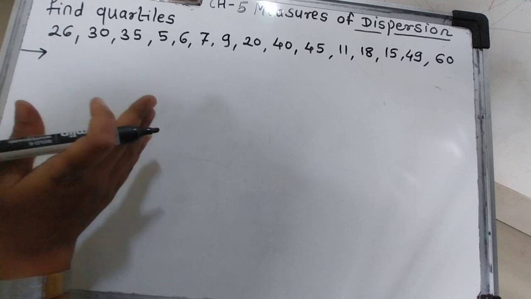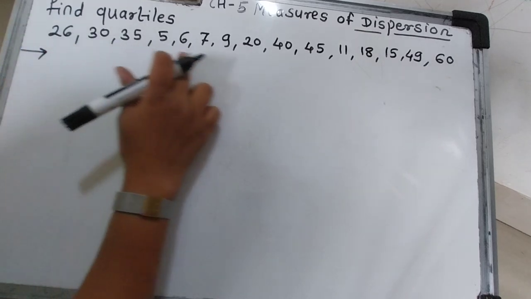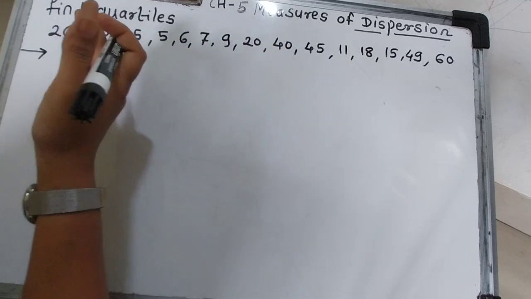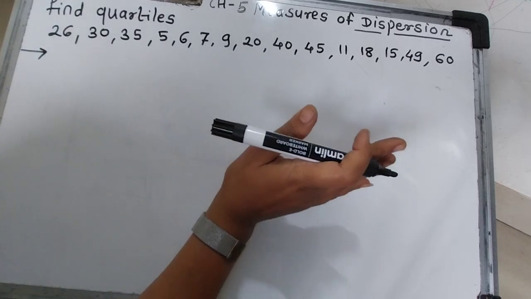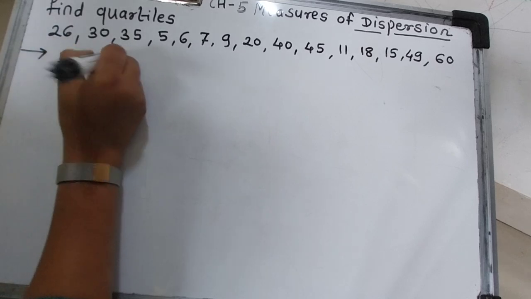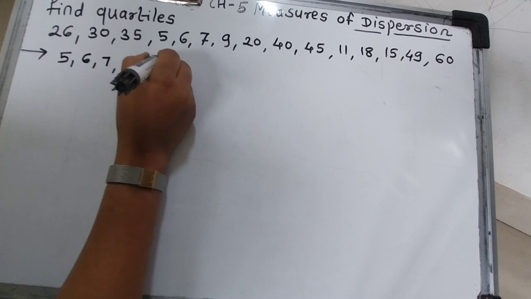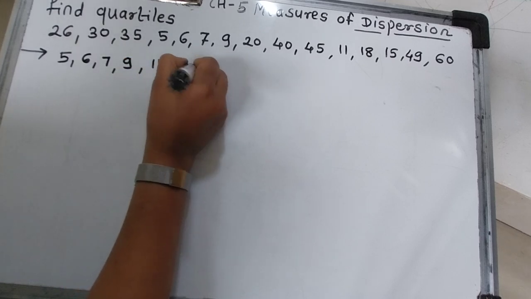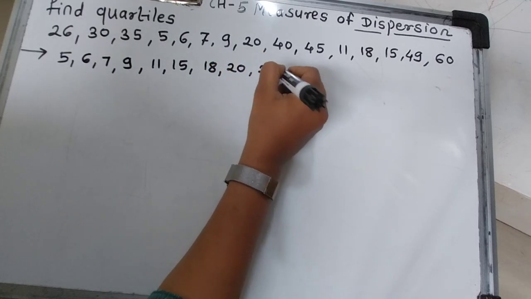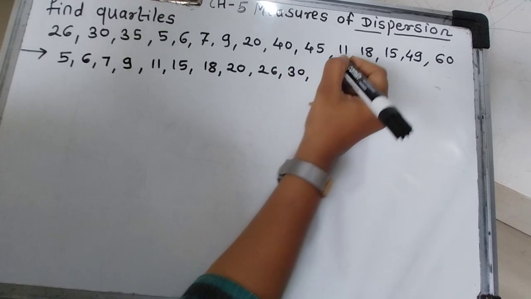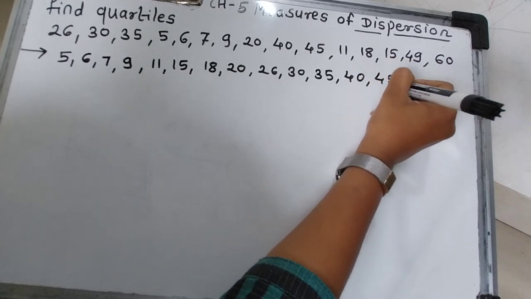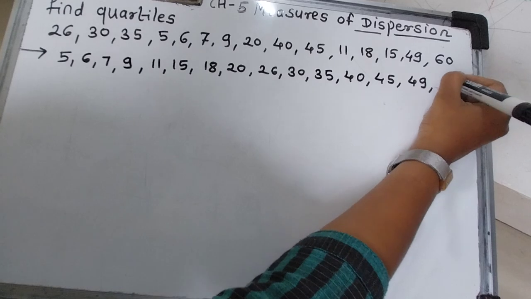See the example. Find the quartiles. See what they have given: only observations. So first arrange these observations in ascending or descending order: 5, 6, 7, 9, 11, 15, 18, 20, 26, 30, 35, 40, 45, 49, and the last is 60.